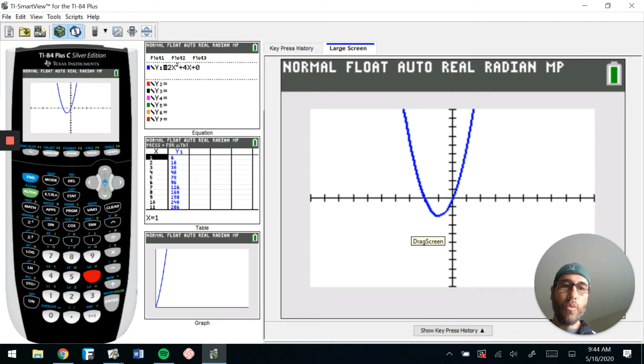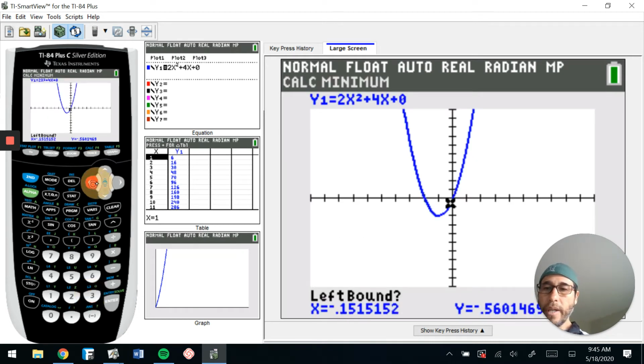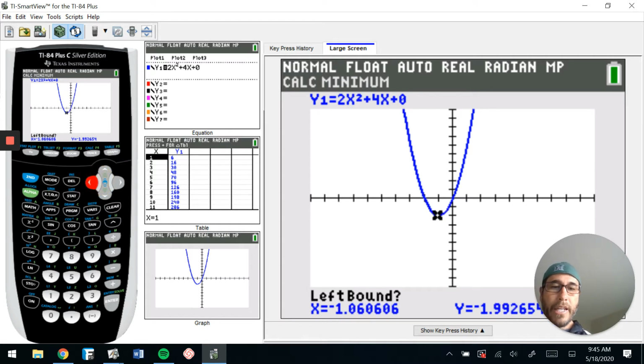And there's actually a way to find out what that vertex or the minimum would be. The way I do that is I hit second calc, which is the trace button. I choose 3 because there's a minimum. I put this little cursor where the minimum is, and see how it says left bound question mark.